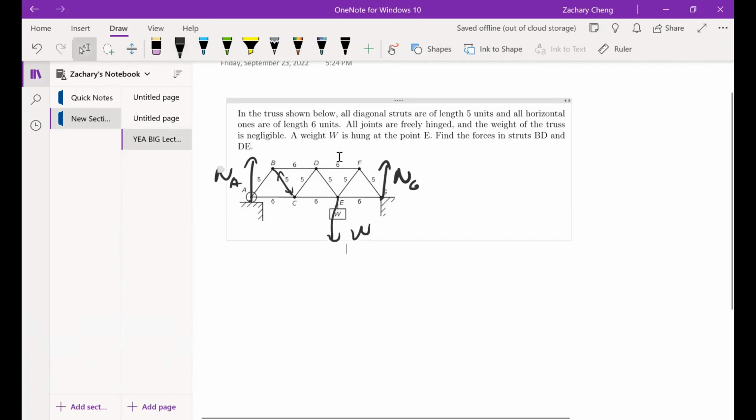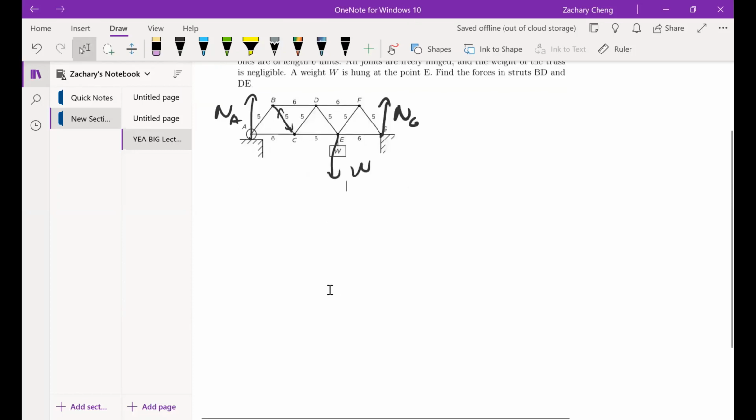Okay, so now you can see that these forces are going to have a torque on the entire system. So if we take A to be the pivot point, then obviously NG, the torque is NG times the distance of the force to the pivot point, and this is just 18.